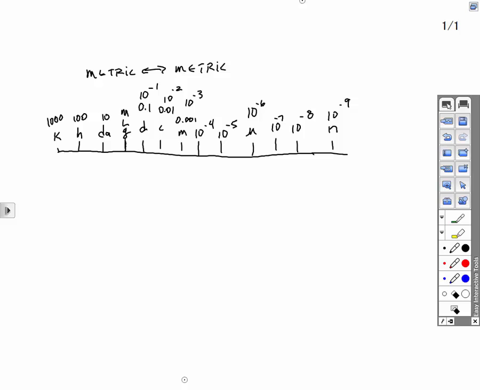You may have heard of nanobots. They're building robots that are the size of nanometers, and there's a lot of research being done on that, and there's a lot of hope in that.